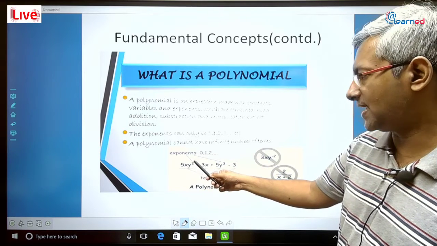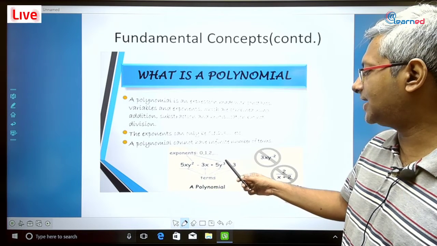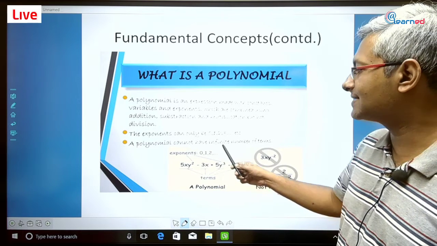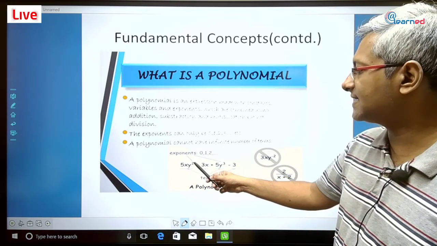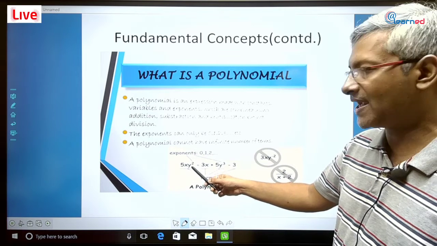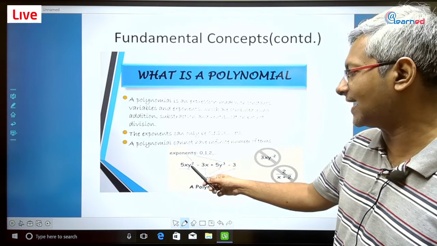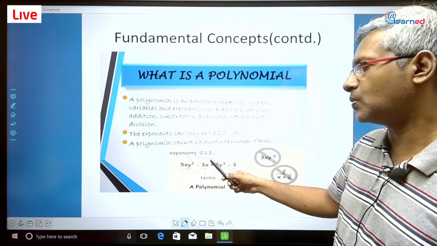5xy squared minus 3x plus 5y cubed minus 3. This is a polynomial. Now, these are the exponents. So, y is raised to the power 2, y squared. This is an exponent of y. Over here, 3x. X is raised to the power 1.